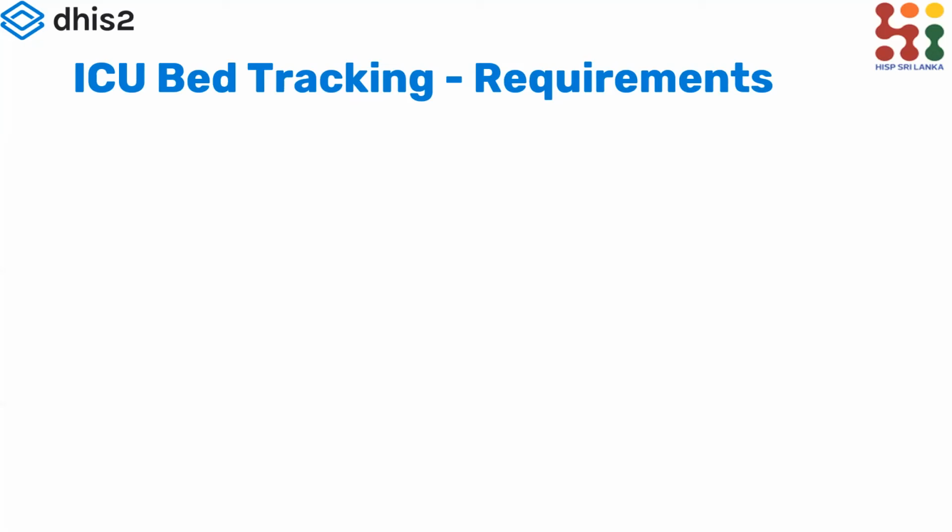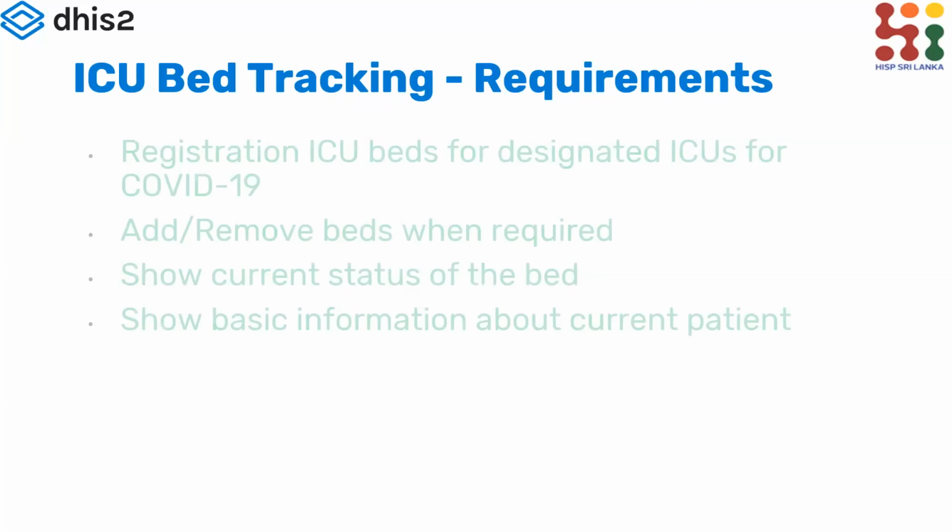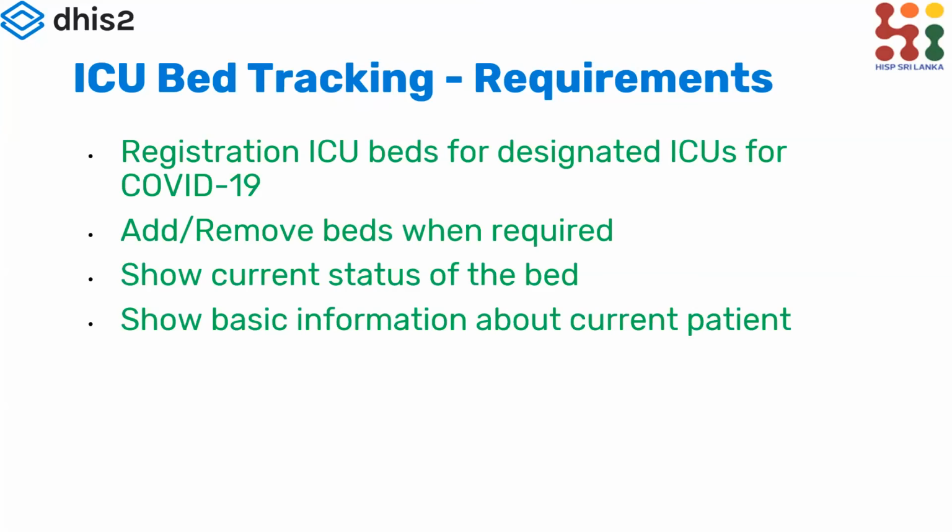They wanted something very simple, not complicated, just to know the status of available COVID-19 ICU beds in the entire country at a given time. There were a few requirements which were possible in DHIS2: registration of ICU beds in the system, adding and removing ICU beds by the hospitals when required, showing the current status of a particular bed, and some basic information about the patients.